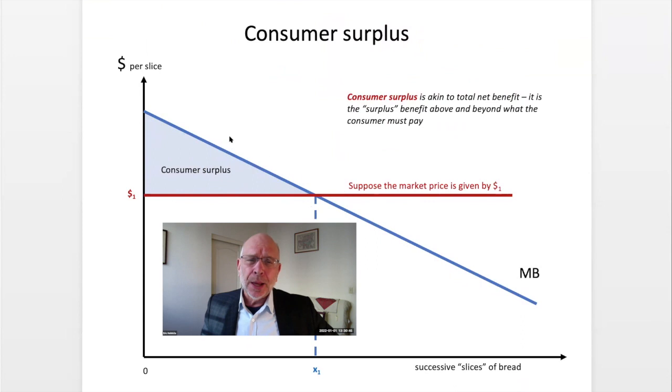Now, we're going to keep purchasing if this is indeed the representation of our marginal benefit, and this is the price, which in effect plays the role of a kind of marginal cost to the consumer, because the consumer is a price taker. In other words, the consumer just has to accept that this is the price of bread out on the market.